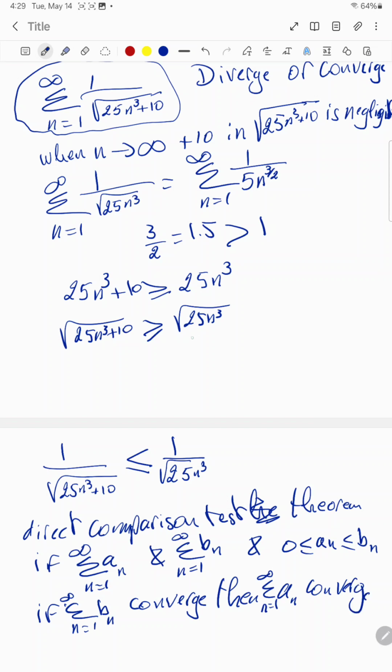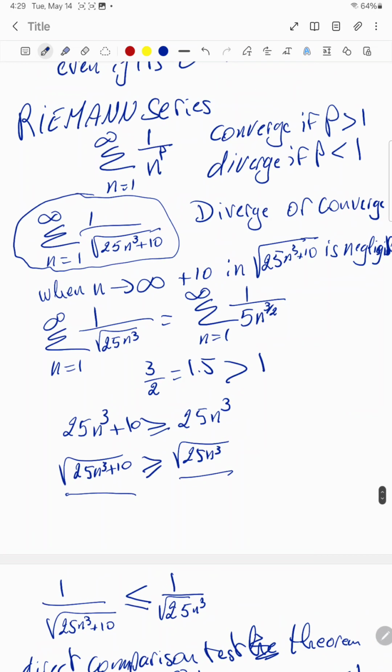So if this converges, that means this converges. We started with this, and then we proved that this converges by that theorem. That means that the series here converges.